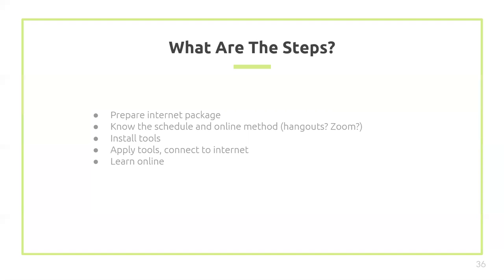For example, will it be on Hangouts, Zoom, or what? Once you know the tools required, you need to install those tools. Then you need to run those tools and connect to the internet. Only then can you learn online. So sometimes things are not as simple as they seem initially.